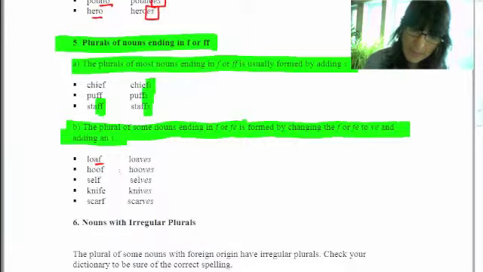It ends in an F, so you drop the F and then you add V and then ES. Hoof, the hoof, you drop the F, you add V, the F becomes a V, and then ES. So all follows the same rule. Self ends in an F, you drop the F, you add the V, and then the ES.